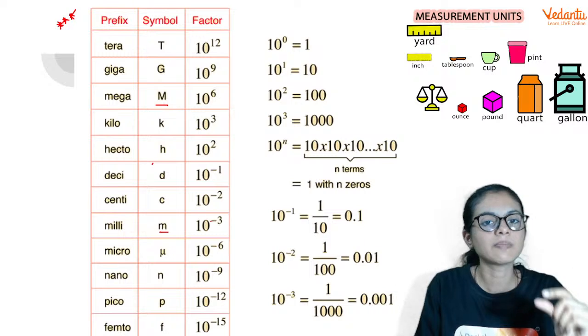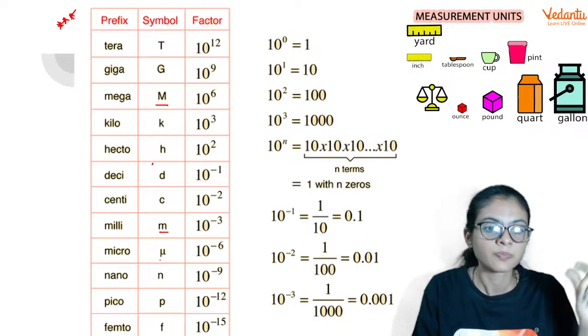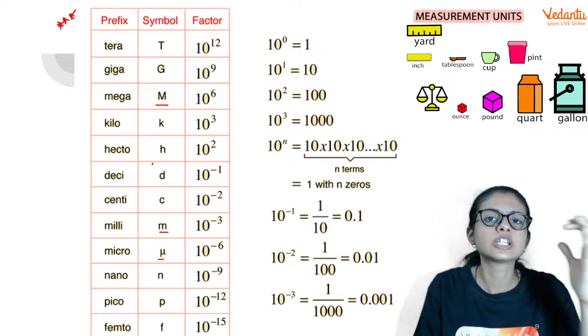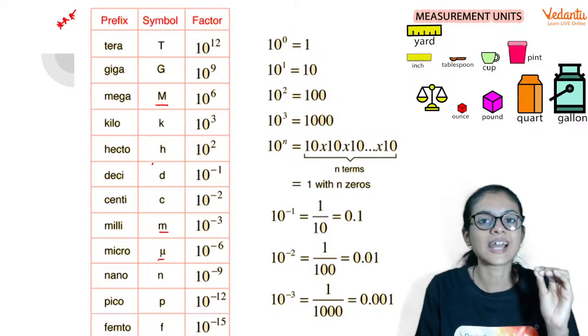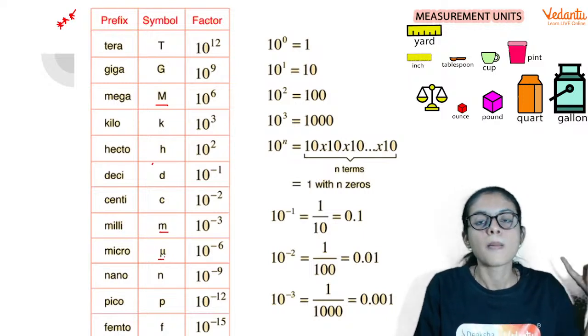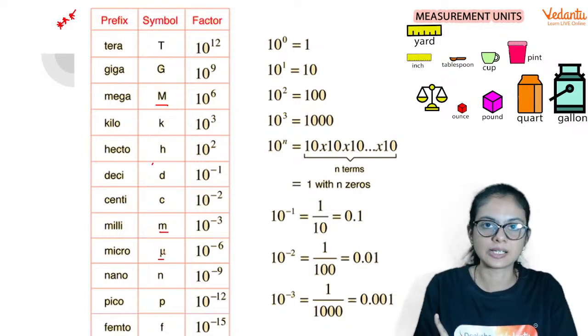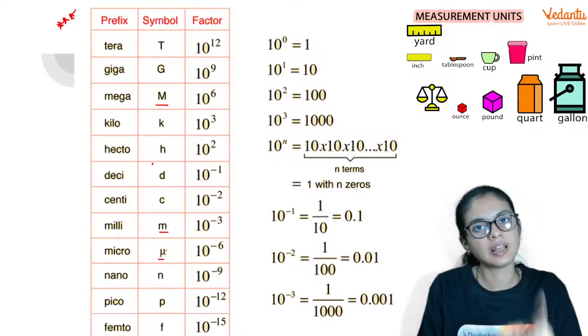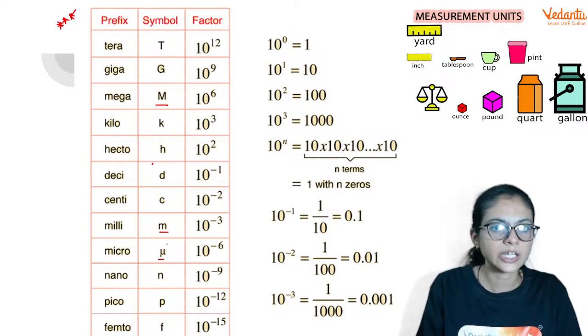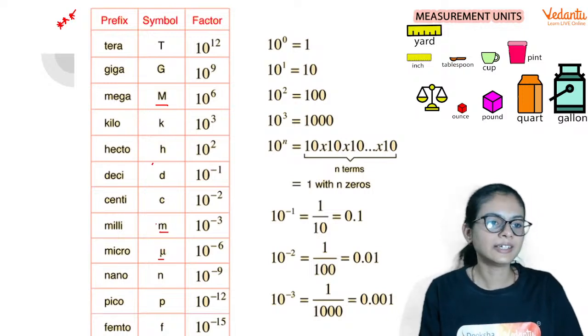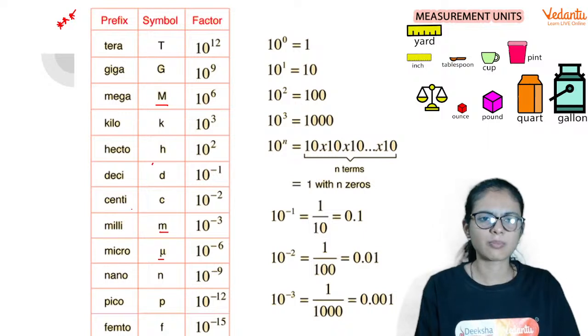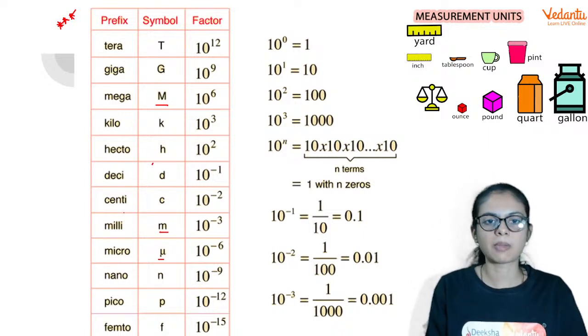Small m, milli, represents a small number, 10 power minus 3. Then comes micro, which is smaller than that, 10 power minus 6. Mega is 10 power 6, micro is 10 power minus 6, and between them lies milli, which is 10 power minus 3. It's not that difficult to remember this table.